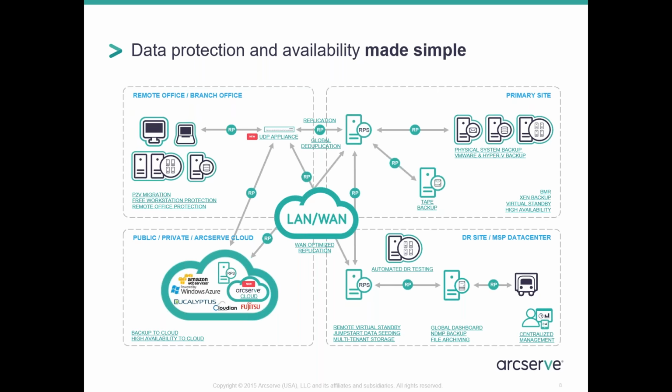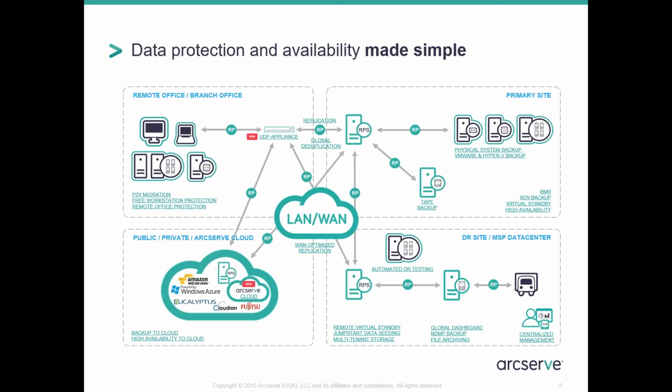We also have a new virtual standby capability called Instant VM, which allows you to spin up the VMs dynamically straight from the backup set without having to create the clone ahead of time in a virtual data store. The other thing about virtual standby and Instant VM is it works across hypervisor.